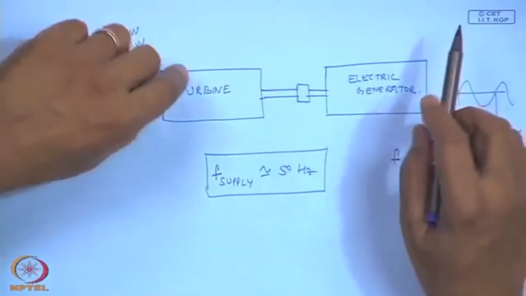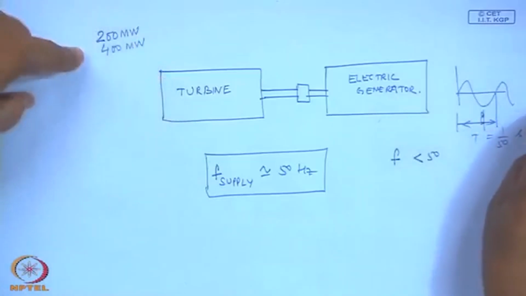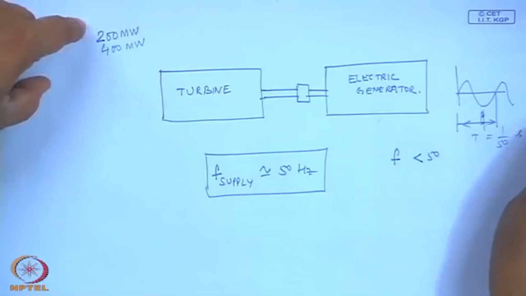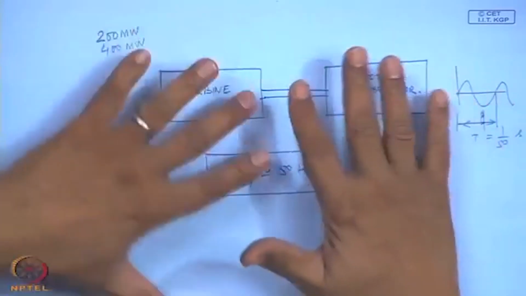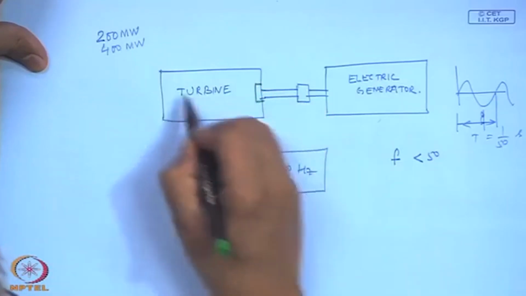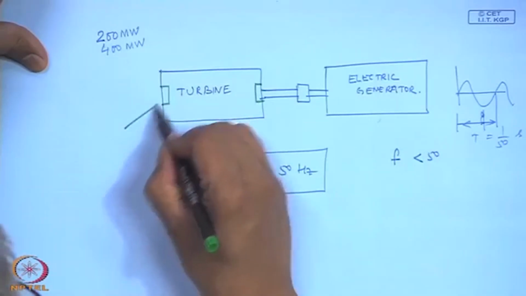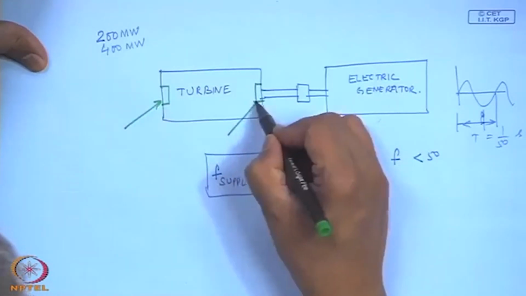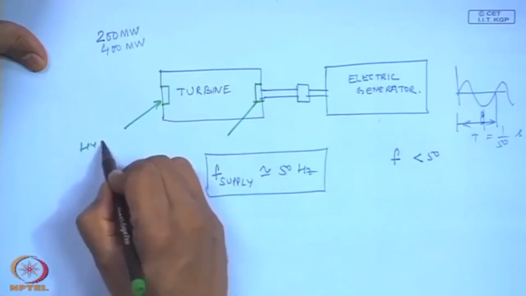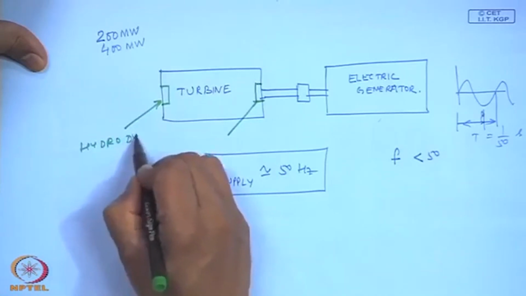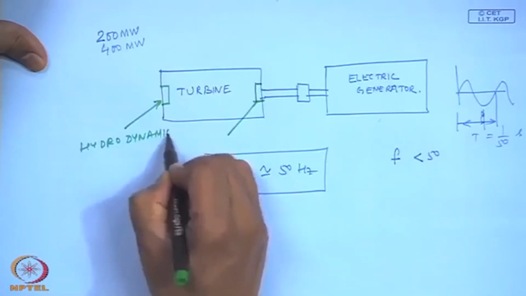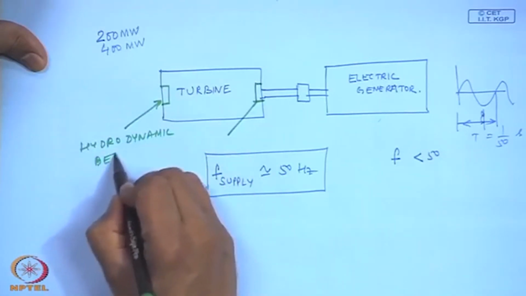But these turbines, when you are talking about 200 or 400 megawatts, are very, very large in size, and these rotors are so heavy that they are supported on hydrodynamic bearings.